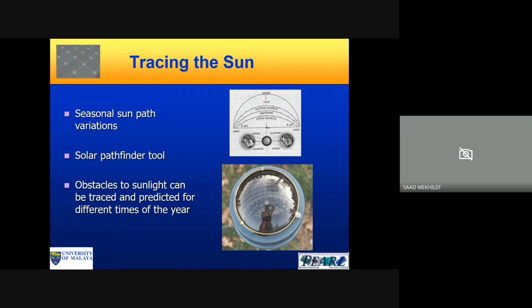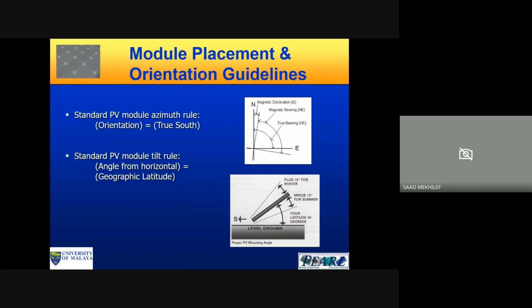The next one is the tilted angle. The tilted angle has multiple objectives. The main objective is to maximize the amount of solar irradiance absorbed, but it also serves others, for example auto cleaning, cooling, and the loading effect.